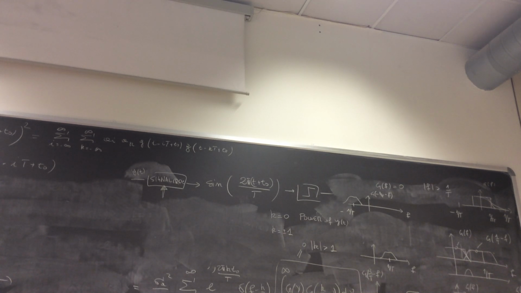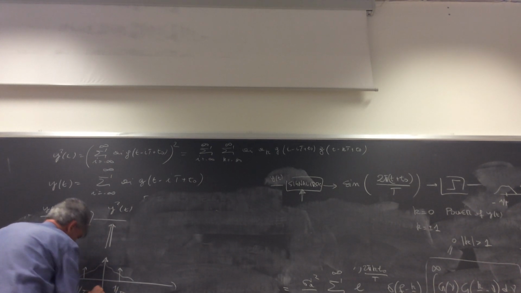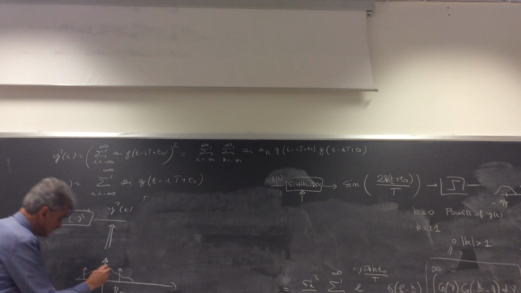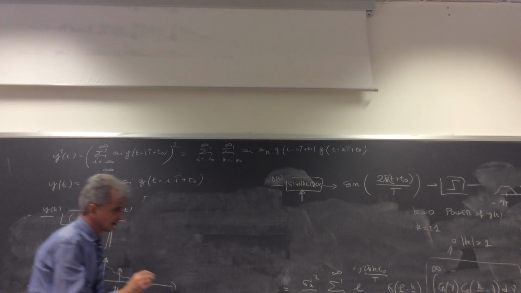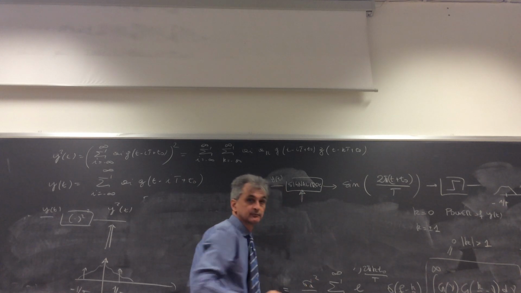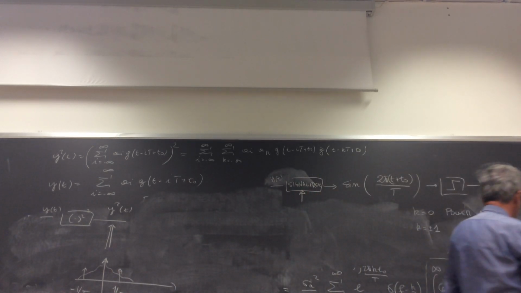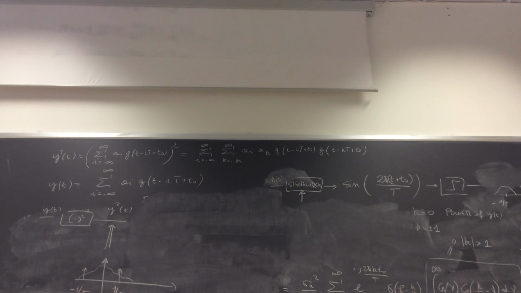Then you will have some distributed spectrum, which is the effect of the randomness that is present in y to the square, and then you will have spectral lines at 1 over t and minus 1 over t. The amplitude of this spectral line is proportional to the integral of this product.